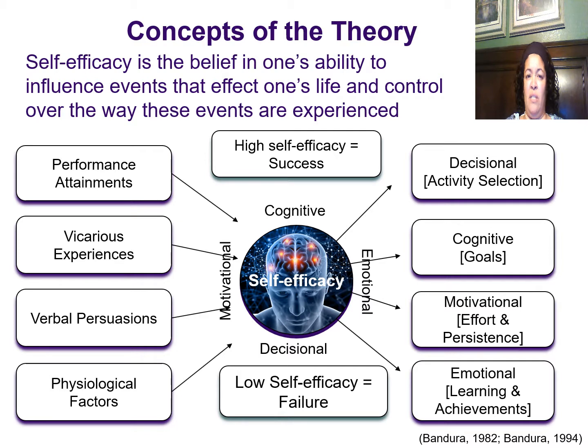Self-efficacy is the belief in one's ability to influence events that affect one's life and to control the way that we experience these events. Bandura believed that there were four primary sources of self-efficacy.